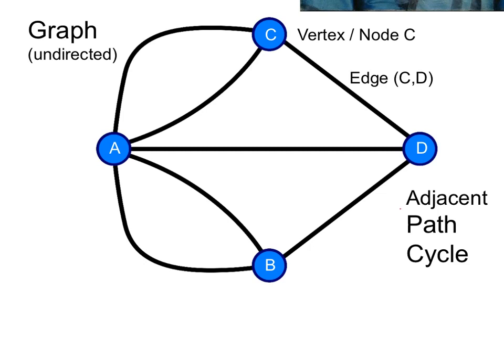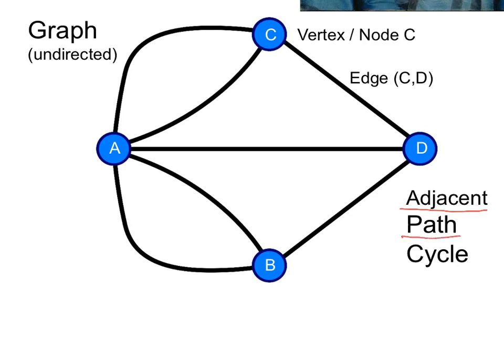Now 2 vertices are said to be adjacent if there is an edge directly linking them. So vertices C and D, for example, are adjacent because there is an edge directly going from C to D or D to C. On the other hand, vertices B and C are not adjacent because there is no edge directly linking them.